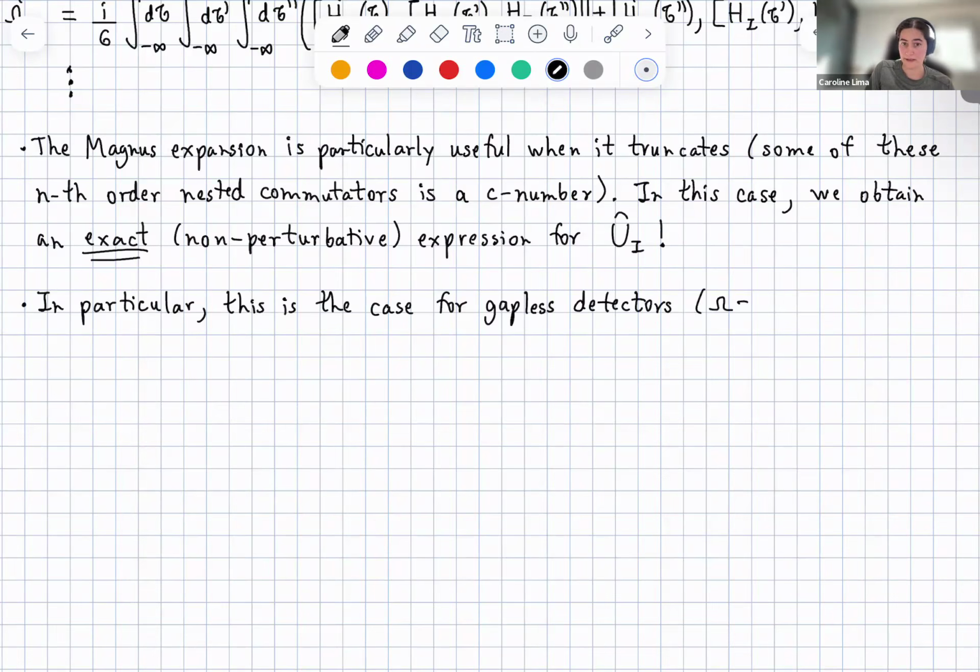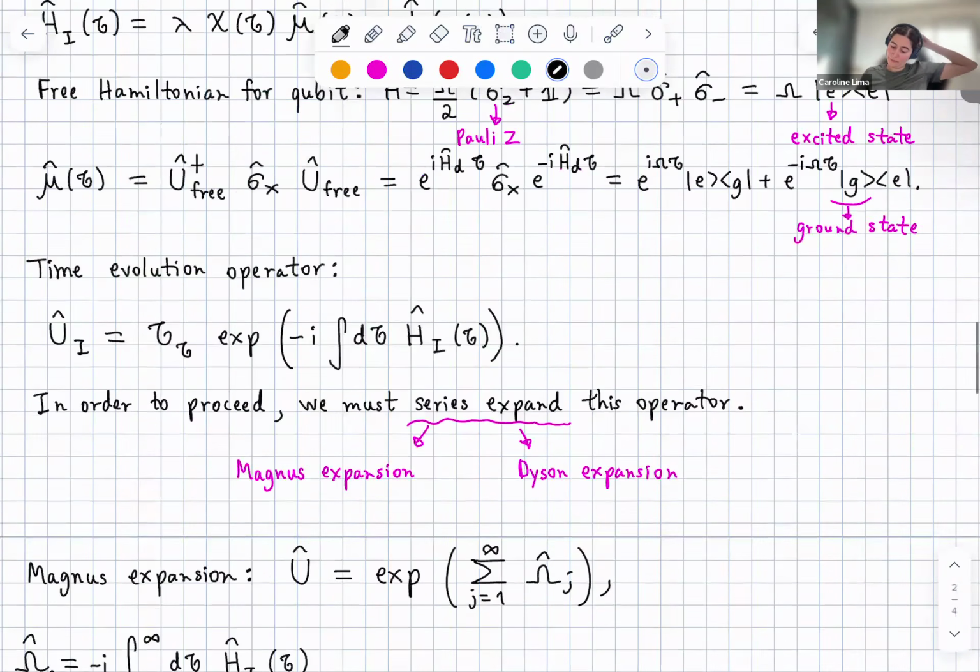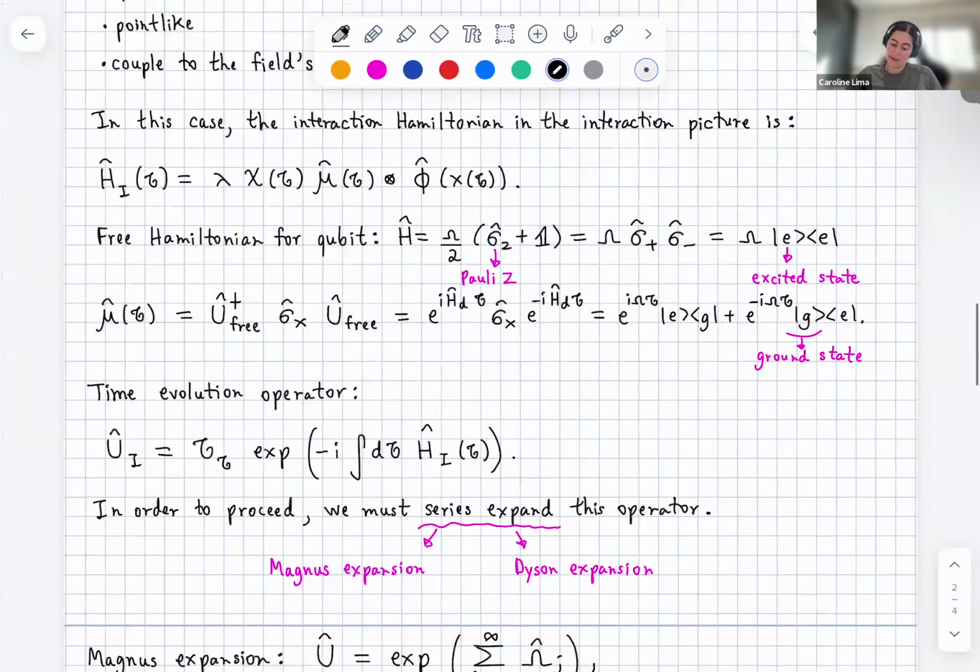So if you go back into the expression that I gave you, if you just think about gapless detectors, it means just that the two levels, the ground and the excited state, have the same energy. Okay, that is basically the definition of the gapless detector.